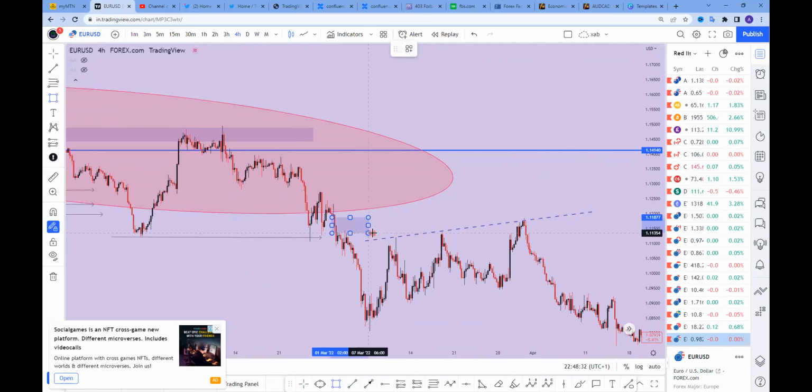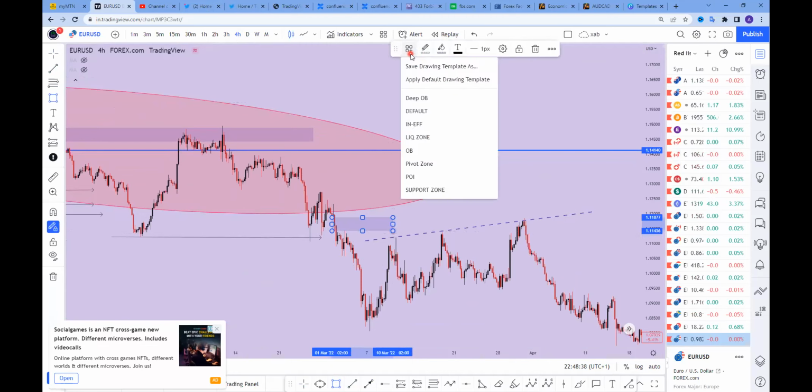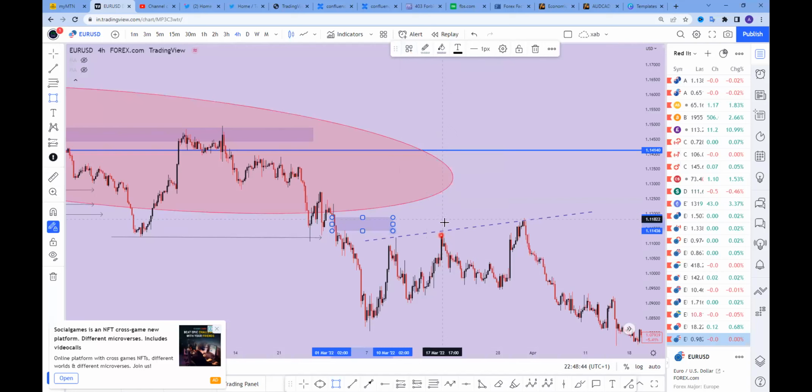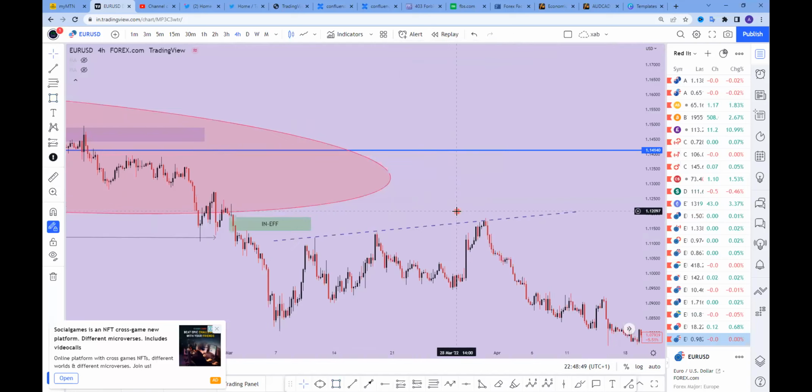We can already see this as an area of inefficiency. That's our area of inefficiency. And if you look closely at it, you'll see that there's also our previous order block, our supply order block.